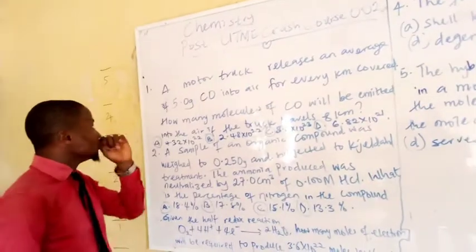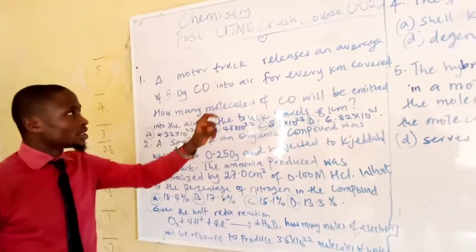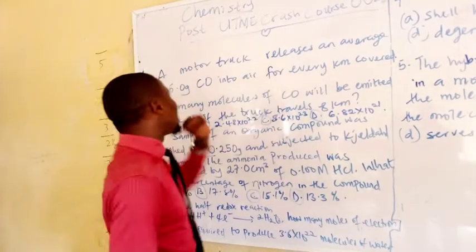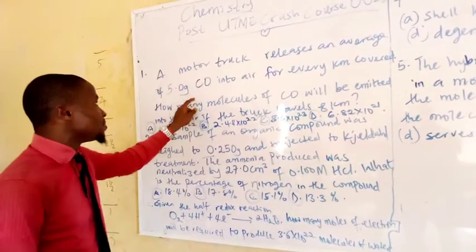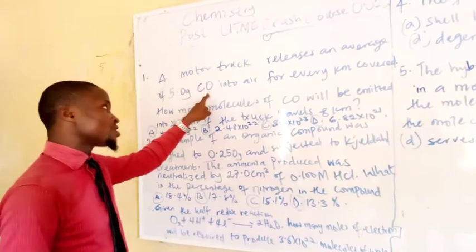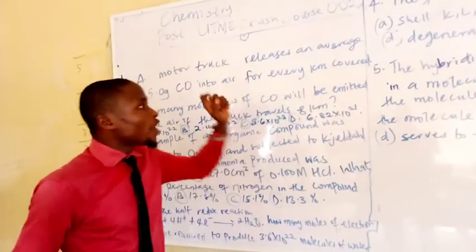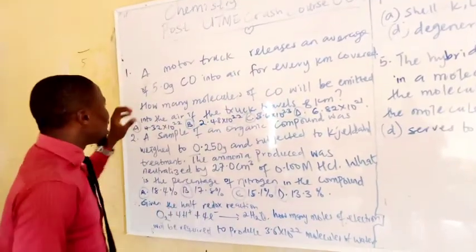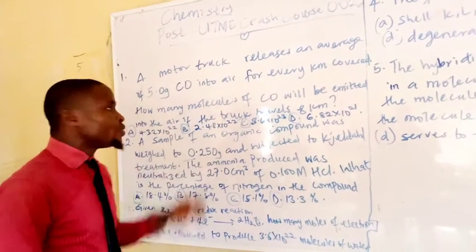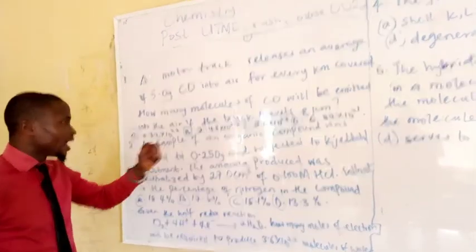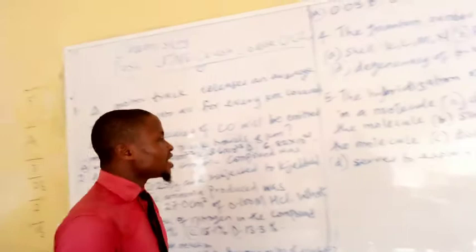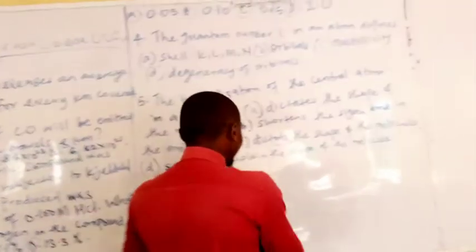Question number 1. A motor truck releases an average of 5.0 gram CO, carbon monoxide, into air for every kilometer covered. How many molecules of carbon monoxide will be emitted into the air if the truck travels 8 kilometers?